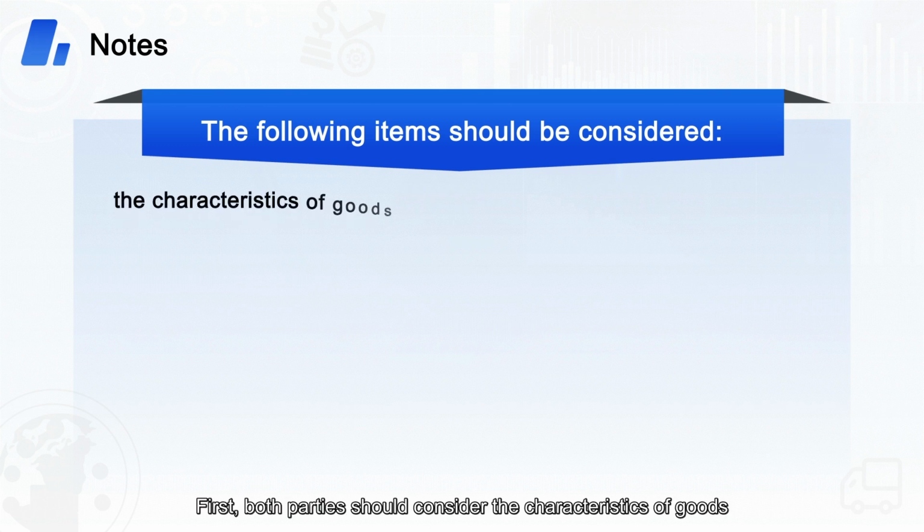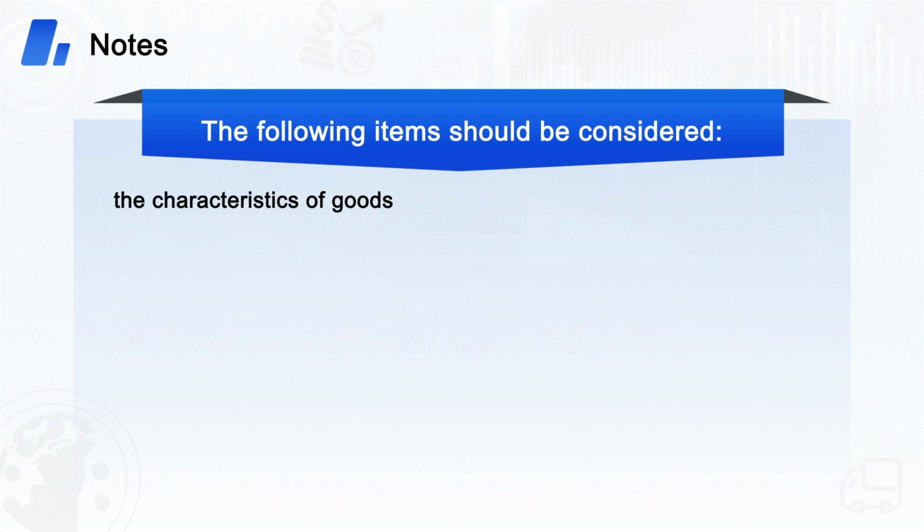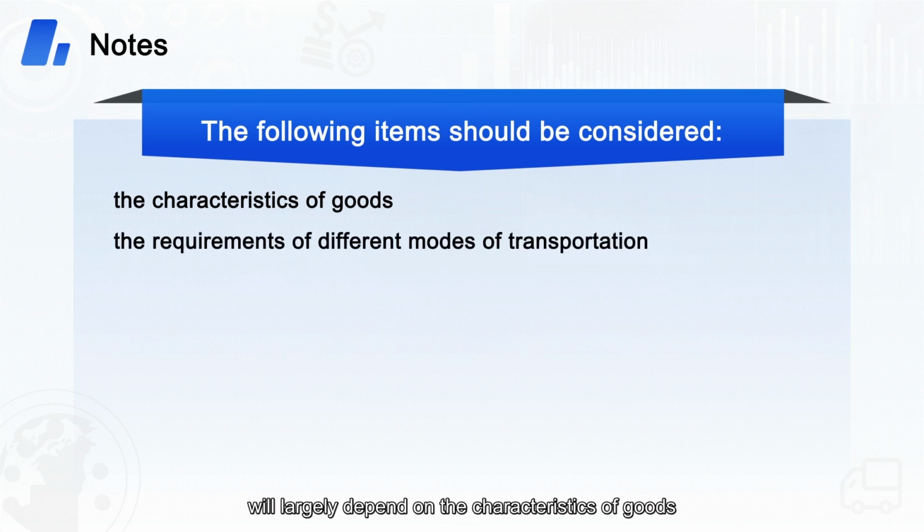First, both parties should consider the characteristics of goods and the requirements of different modes of transportation when stipulating the packaging clause, because the way of packaging will largely depend on the characteristics of goods and the mode of transportation.